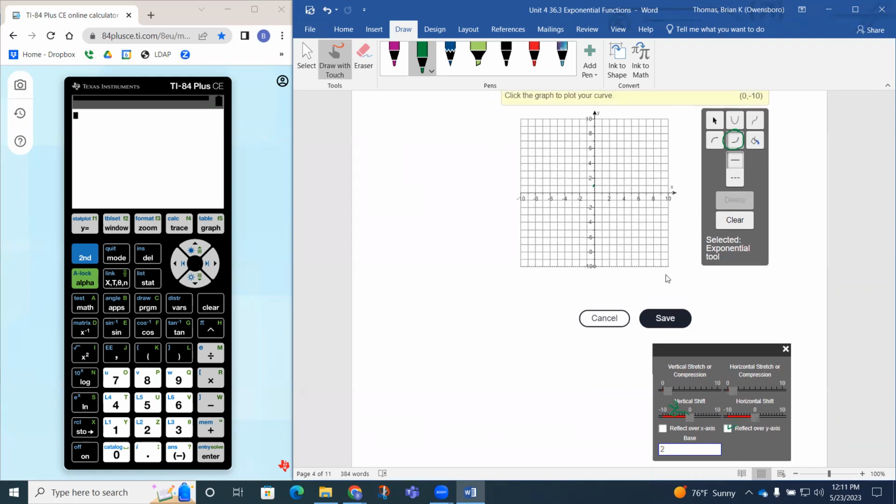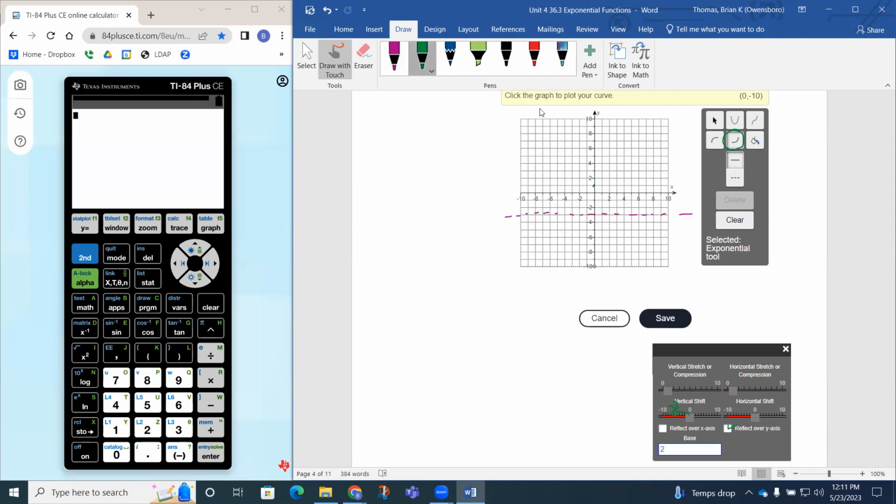When I do that, this graph, instead of sliding from here to here, should now be high on the left side and come down here. But the catch is, before we actually graph it, it's been moved down 3. So the horizontal asymptote, which was at y equals 0, is going to be moved down to negative 3.